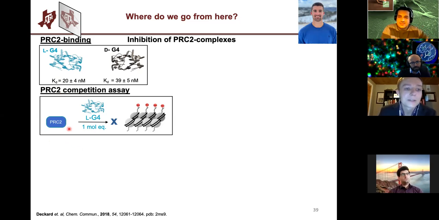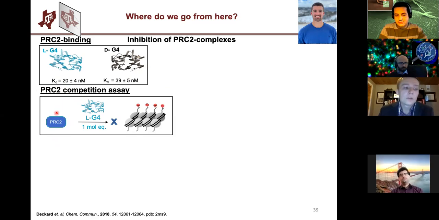I'm not a protein chemist, but basically PRC2 is polycomb repressive complex. It's known to be recruited for basically condensing and decondensing chromatin to modulate genetic expression. And it had been reported previously that a DG quadruplex, which binds PRC2, can inhibit its activity.